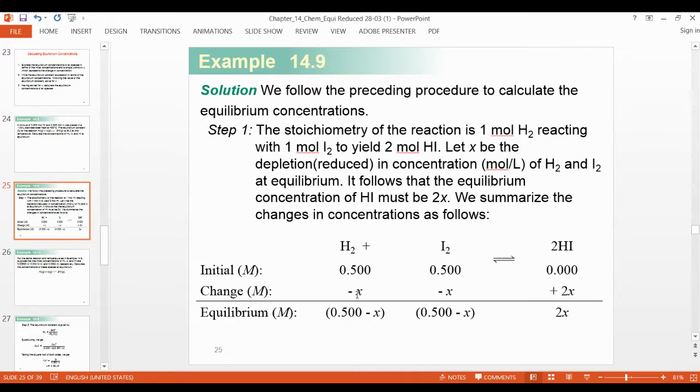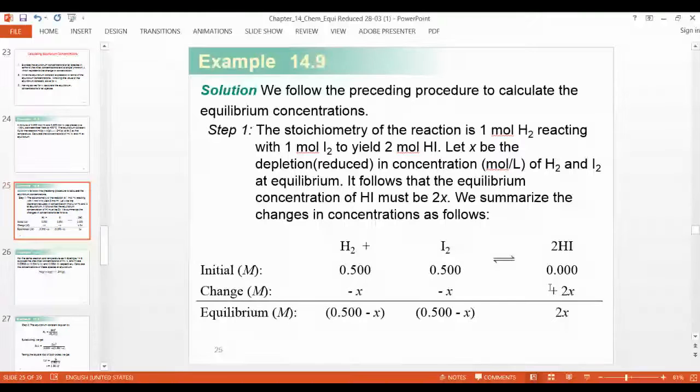We consider X: suppose X of hydrogen is reduced, which is indicated by minus X. Similarly for I2, minus X.